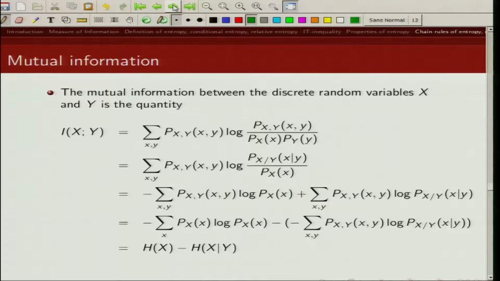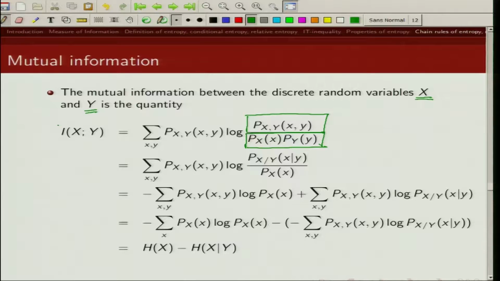Now let us define what we mean by mutual information. Mutual information between two random variables x and y is defined as the divergence between the joint distribution and the product of the marginals. So it is defined as the expected value of log of the joint distribution of x and y divided by the marginal distributions p of x and p of y.